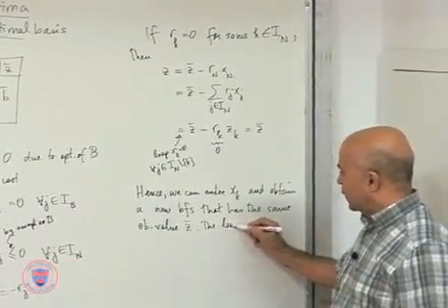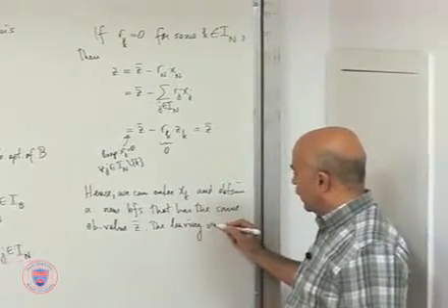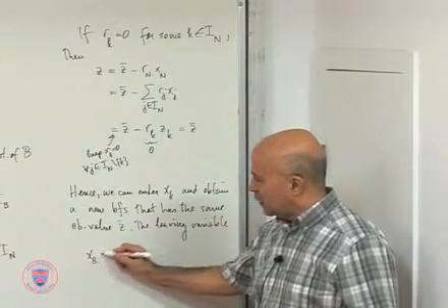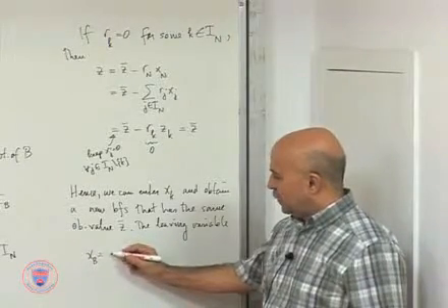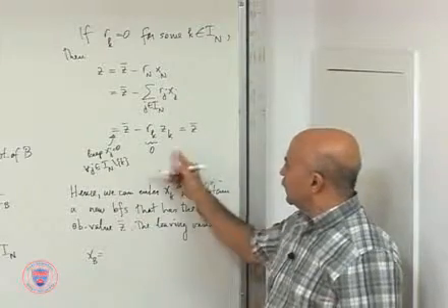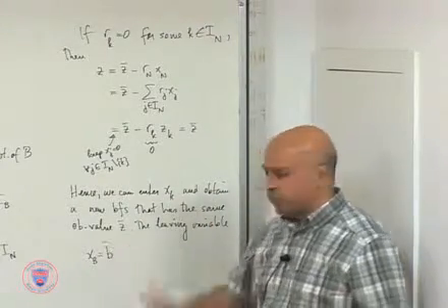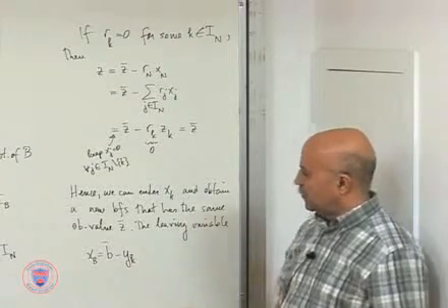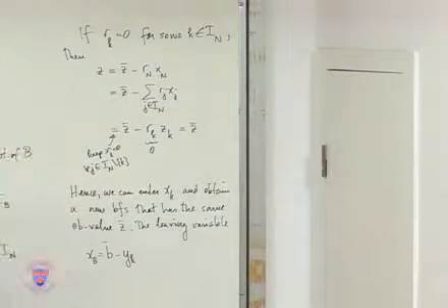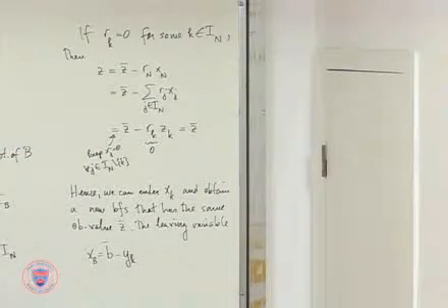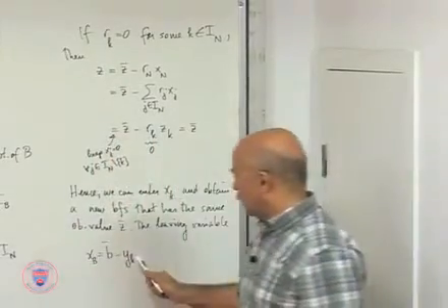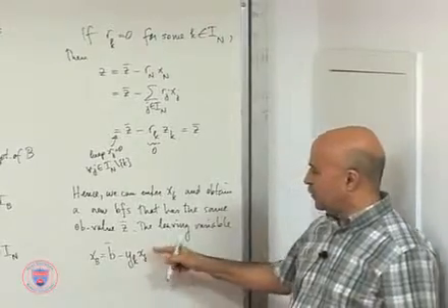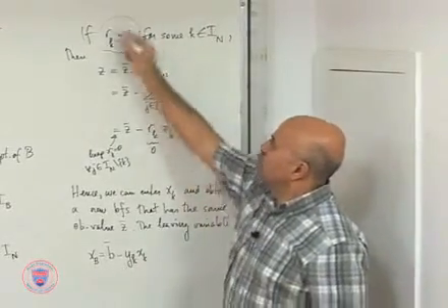The leaving variable is found in the same way. By how? You simply write xB as a function of the entering variable, so it will be the current values minus the vector y sub k, which is the B inverse ak. Remember that, I gave you a definition for that. Okay? So that y sub k is B inverse ak, times the variable xk, which is the entering variable whose reduced cost is 0.